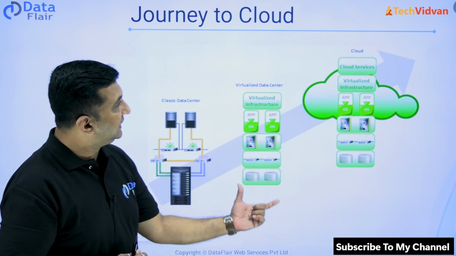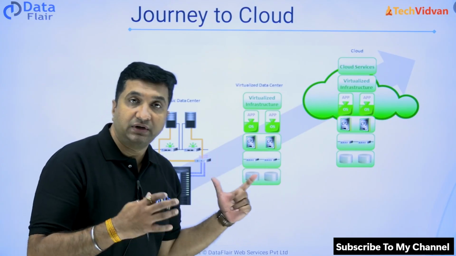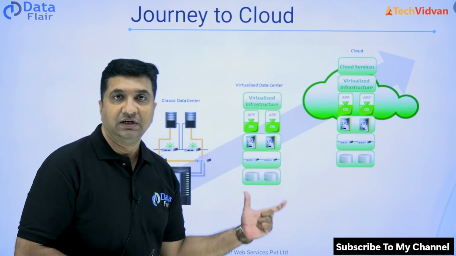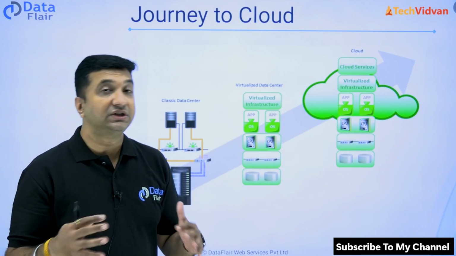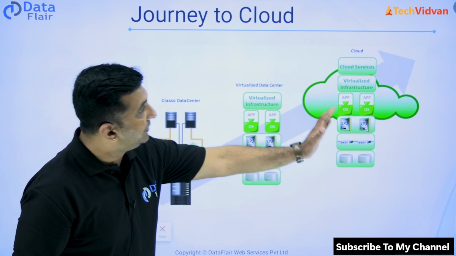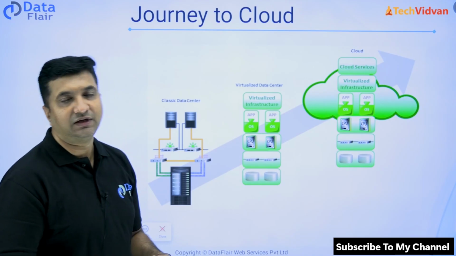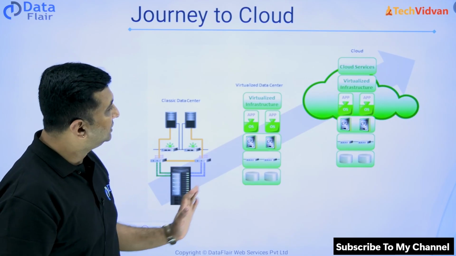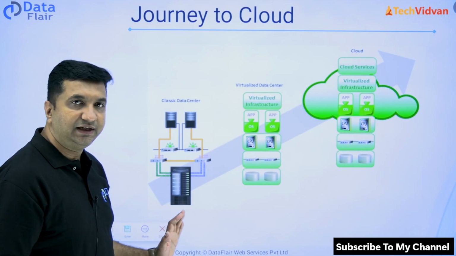And then you can see here, we move to cloud services. When compute resources from VDC are bundled in the form of services which are available to organizations and individuals, then it becomes cloud services like AWS, Amazon Web Services. This is the whole journey to the cloud. We started from traditional IT system, that is classic data centers.